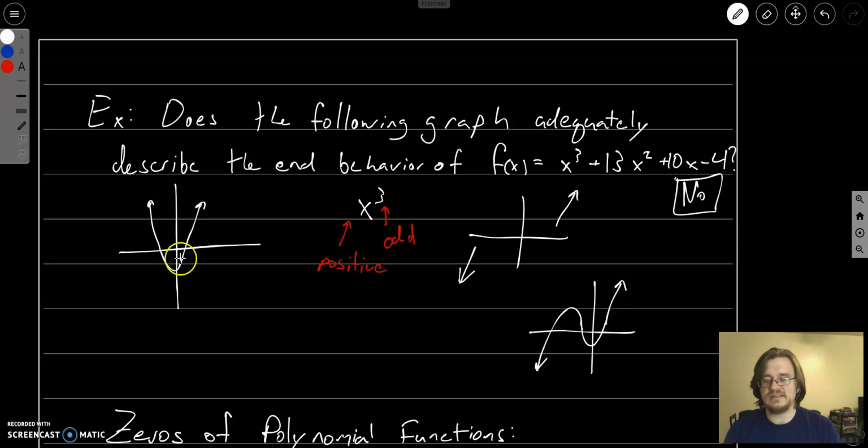So this is, in fact, going to be a good picture of what's going on, but only in a little itty-bitty box. So it doesn't really show what happens when x goes far to the left, as x gets really negative. It's just too close. We can't really see the bigger picture with this. So no, this doesn't adequately describe the end behavior. Even if this graph is correct, it just doesn't show enough.